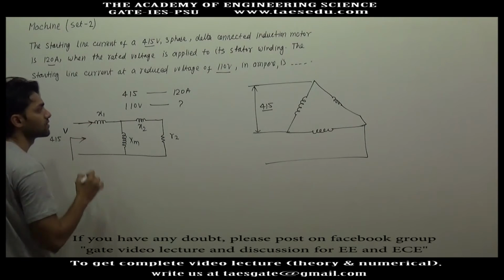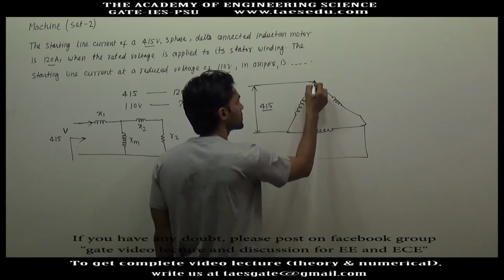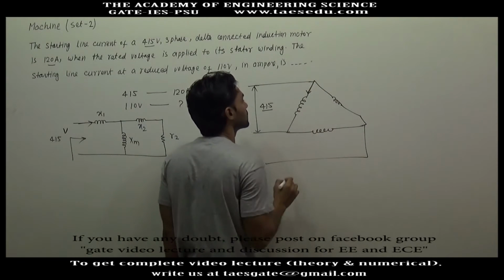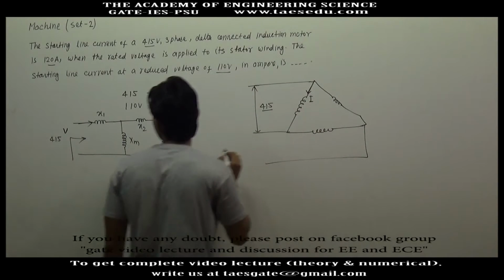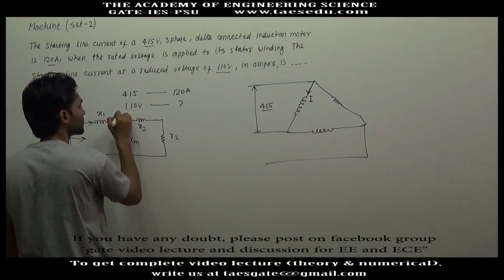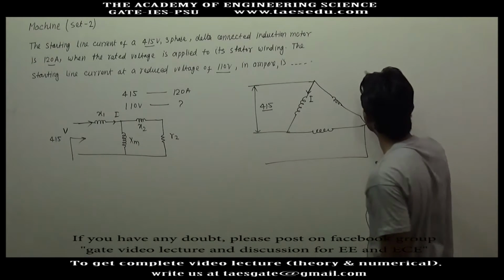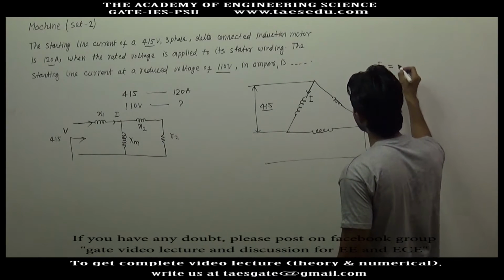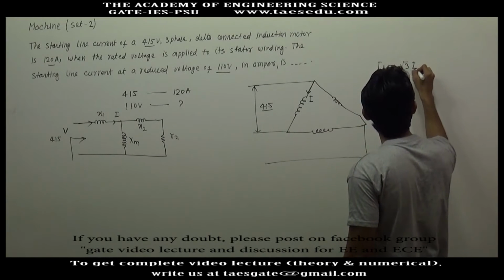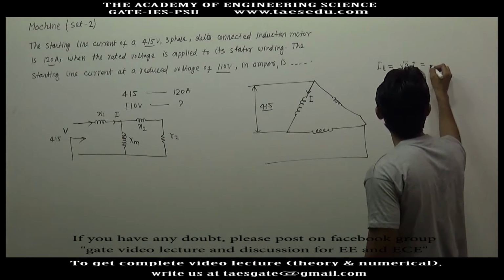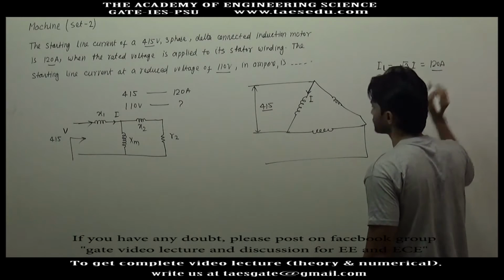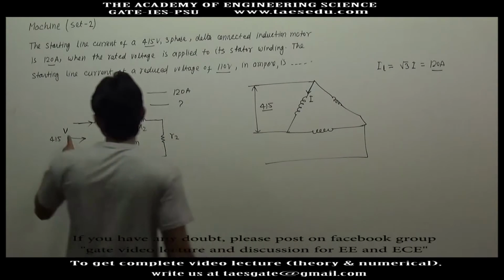here you will have per phase current. Let's say this current is I, the per phase current is I. And in case of delta connection, the line current is equal to root 3 into phase current, and it is given as 120 ampere.